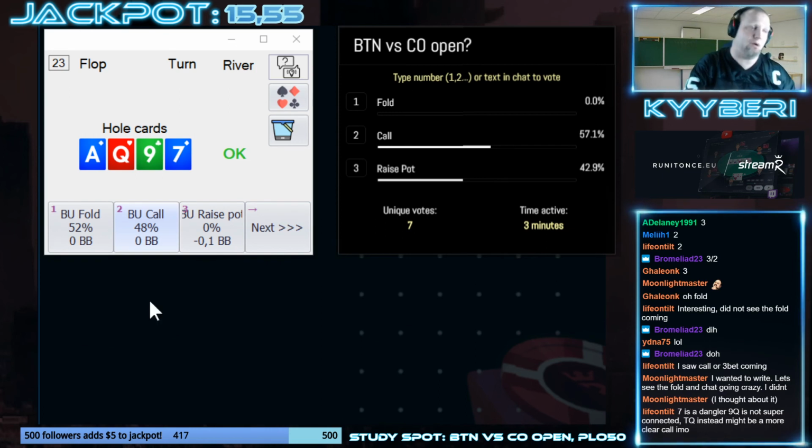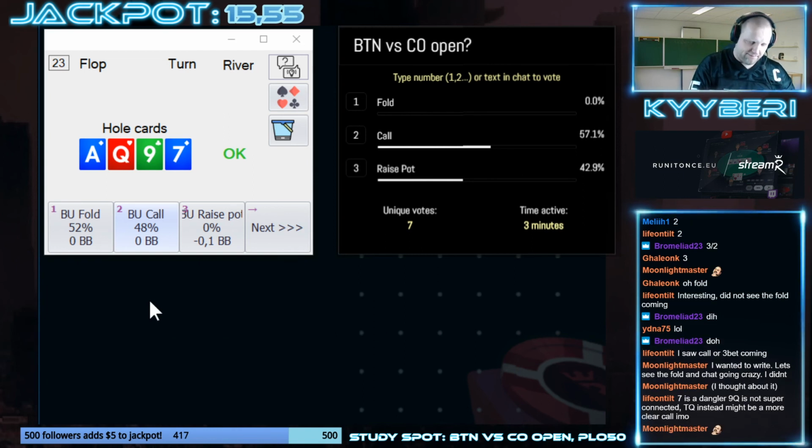And now with Solver, I get this same feeling right now. I get how Solver thinks. And then comes ace queen 9-7, which is 53% folds, and I'm lost. I don't know how Solver thinks. Queen then instead. Well, let's see.